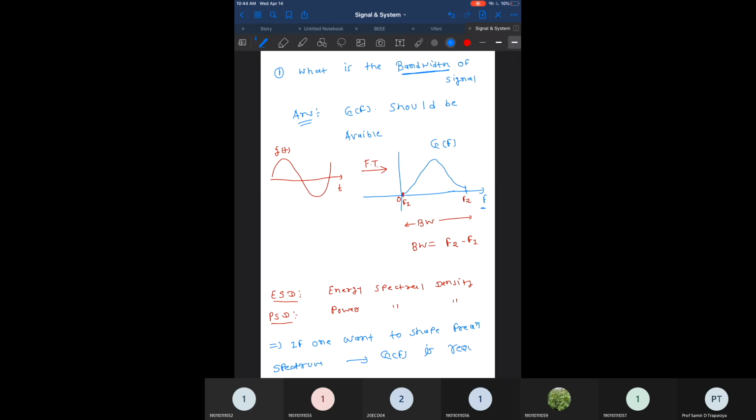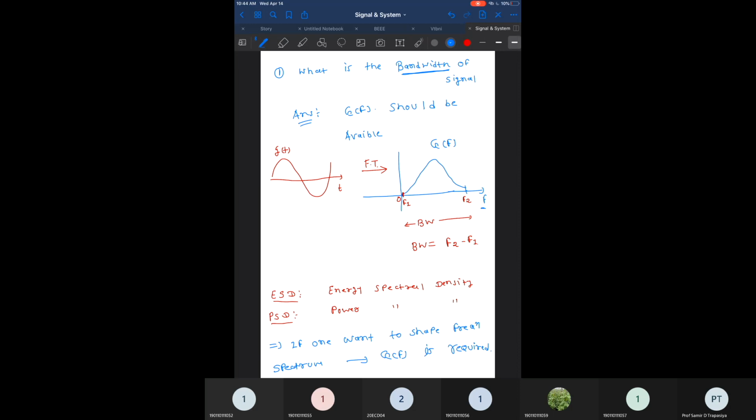So there are many places in communications where G of F is an essential parameter. If we want to find the bandwidth of signals, the energy spectral density, the power spectral density, or if we want to modify some spectrum components of the signals, then again we need the signals in the frequency domain. The representation of signals should be in the frequency domain.